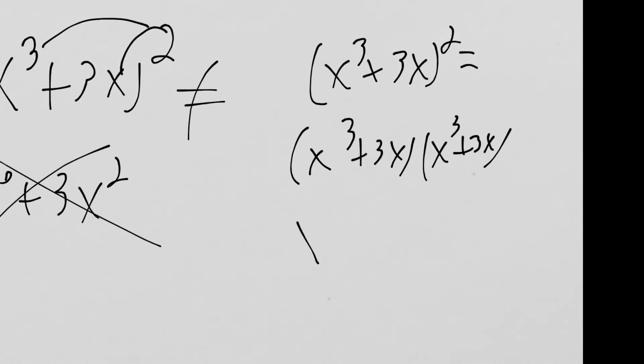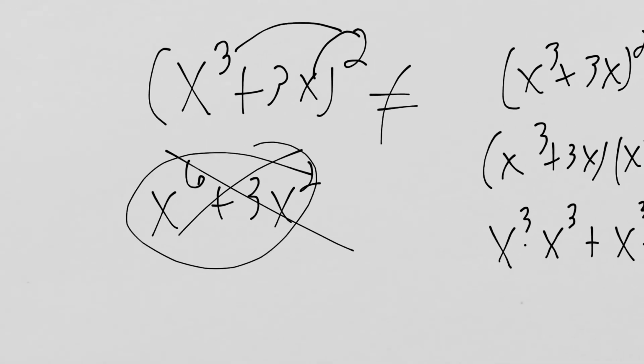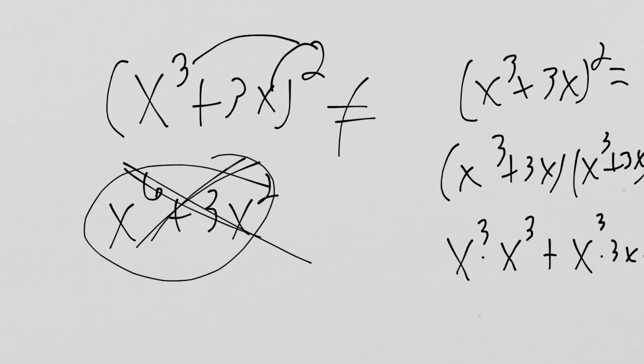So we get x cubed times x cubed, plus x cubed times 3x, plus 3x times x cubed, that's our inside pieces, plus, and then finally we would do 3x times 3x, right? First, outside, inside, last. And that is not going to be the same as what we got over here, okay? So do not make this error of trying to distribute your exponent to both of your pieces when there's addition or subtraction involved, okay?